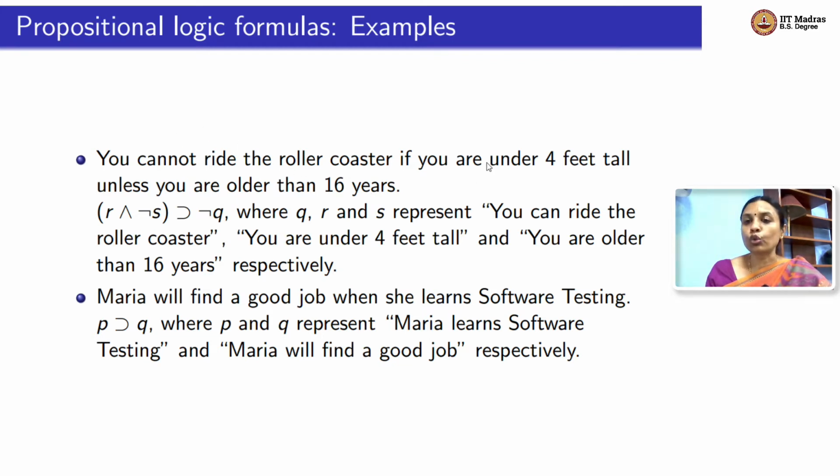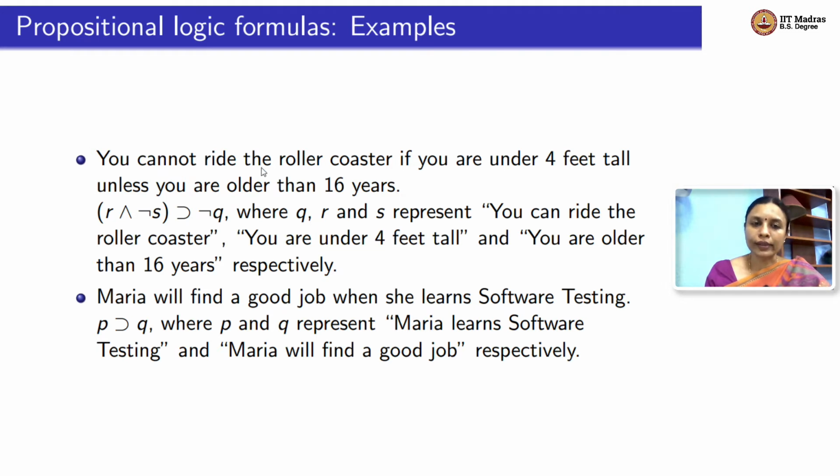The other is how tall one is, being under 4 feet tall or more than 4 feet tall. The other is how old the person who wants to ride the roller coaster is. He or she is older than 16 years. So there are three constituent atomic propositions: you can ride the roller coaster, you are under 4 feet tall, you are older than 16 years. Let's call them Q, R, and S respectively.